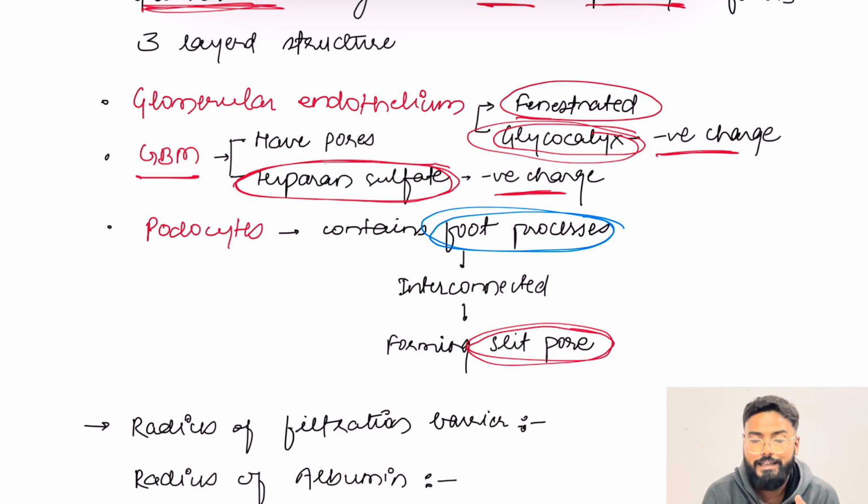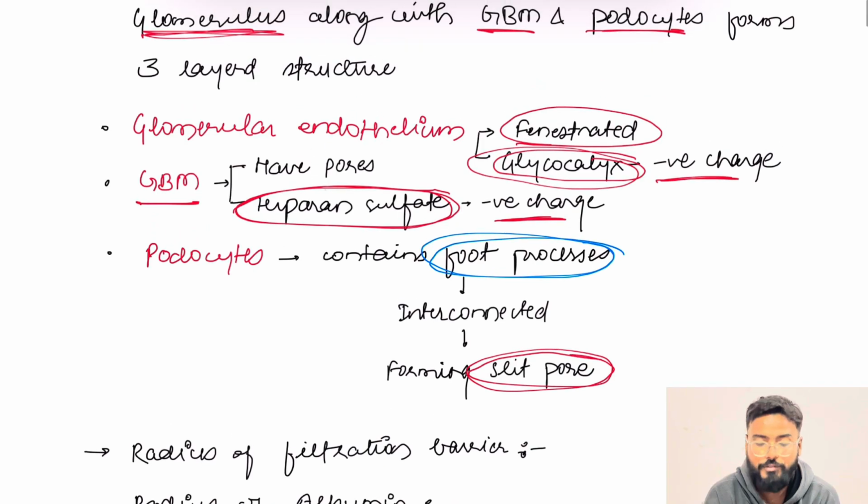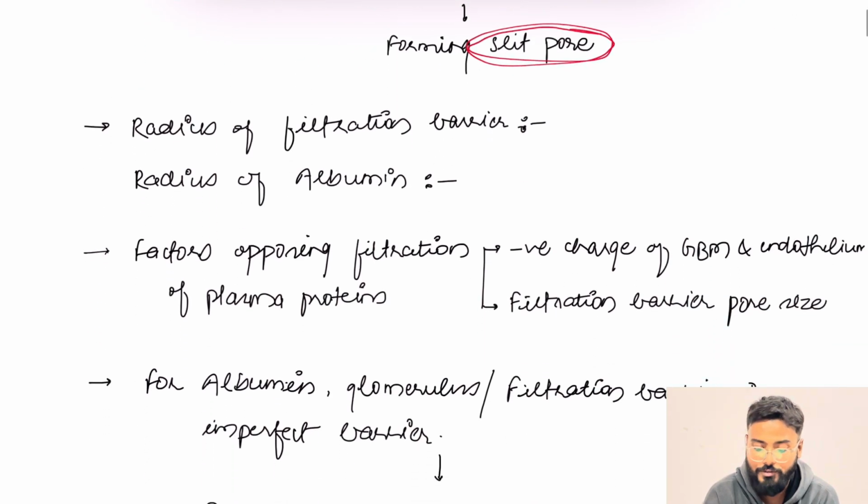So ultimately these are together going to form the filtration barrier, because this barrier is going to oppose the transfer of proteins and other bigger molecules into Bowman's capsule and then into tubules and then into urine. So this is the main barrier, which is formed by these three structures.